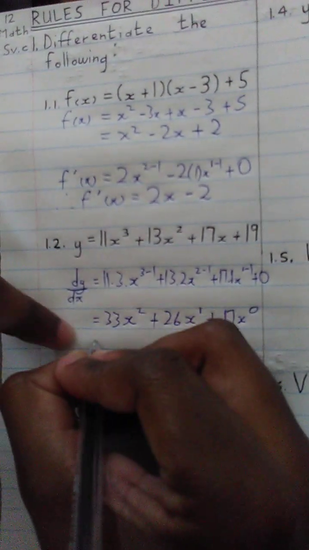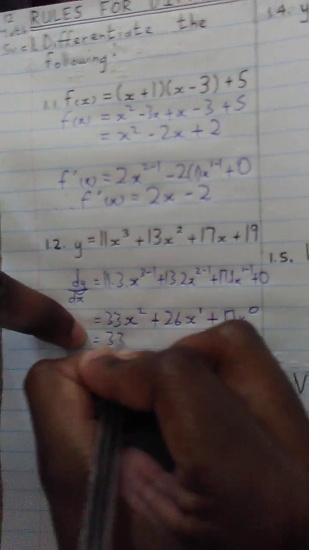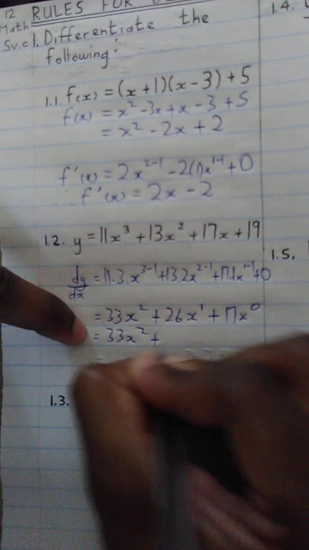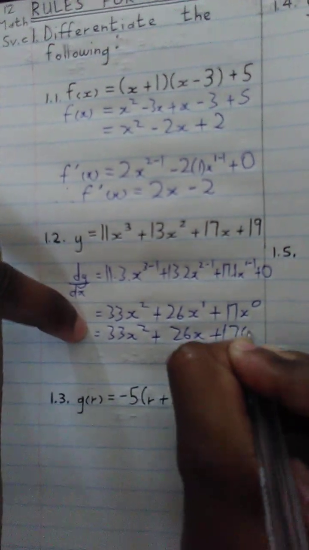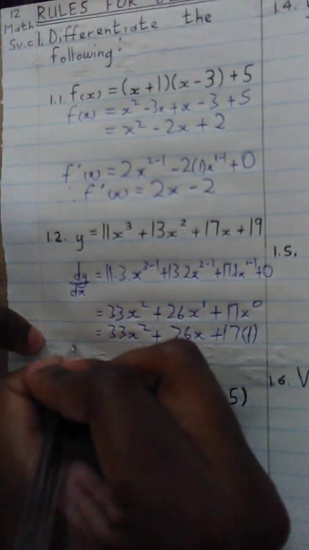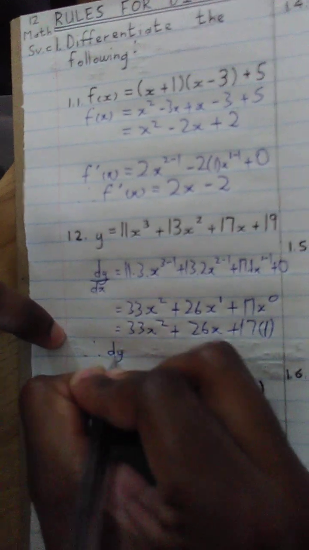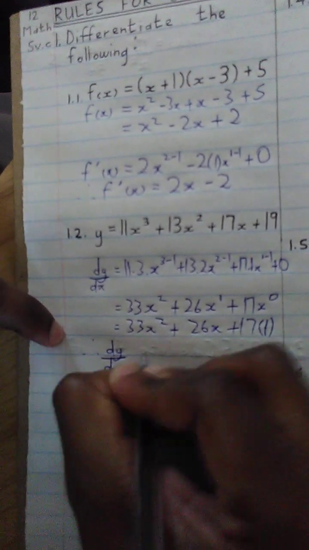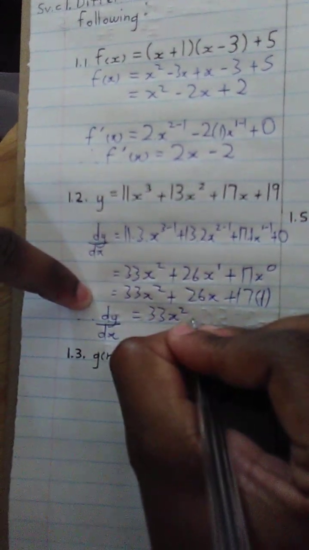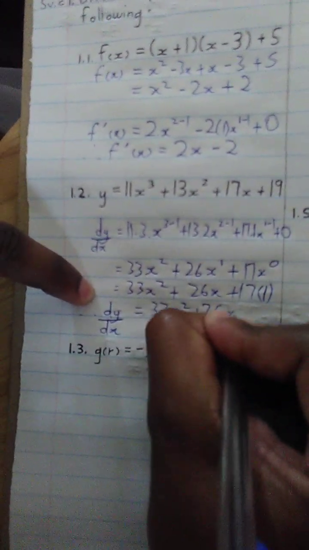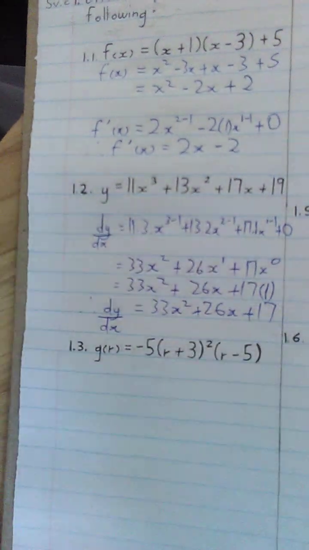Right? So we know that this is going to be 33x squared plus 26x plus 17 times 1. So therefore dy over dx is equal to 33x squared plus 26x plus 17.